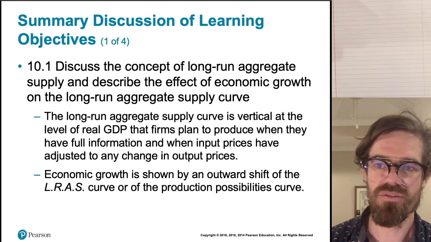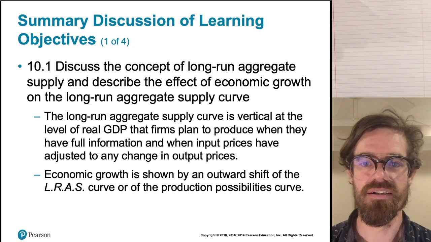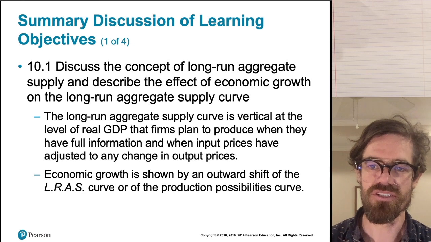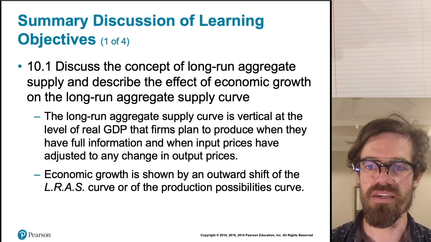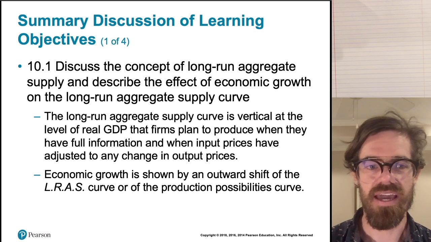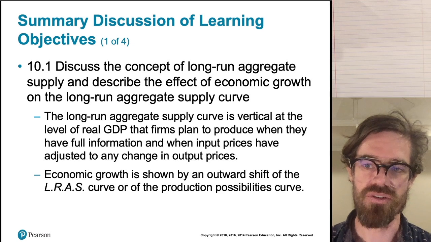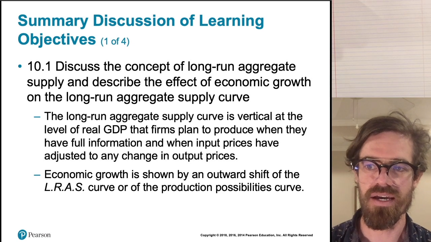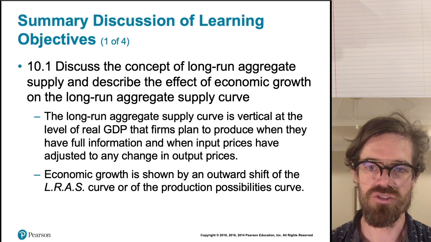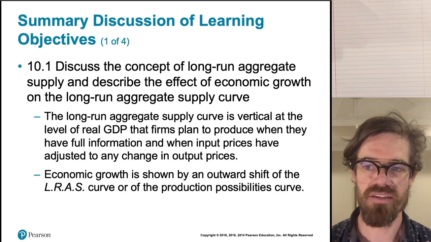All right, that was chapter 10 on long-run aggregate supply and the price level. So just to recap, we talked about what long-run aggregate supply is and how we model economic growth using long-run aggregate supply. We saw that it's a vertical line, so real output, real GDP in the long run does not depend on the price level.